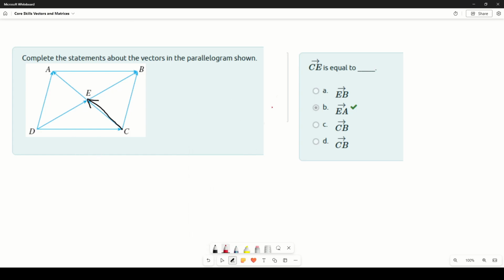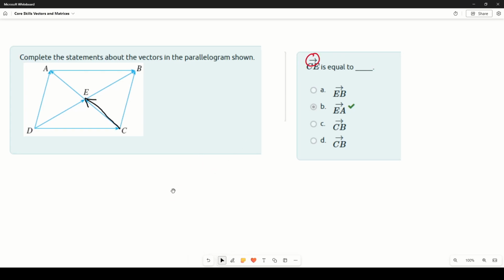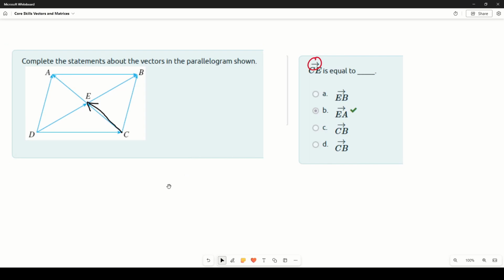Now to figure out the vector that is equal to this CE vector, we're first going to have to see which vectors have the same magnitude, so which vectors have basically got the same length. Here we have 3 possible candidates for that: DE, EB, and EA. Now to find our answer, we're going to use the second property, which is direction.